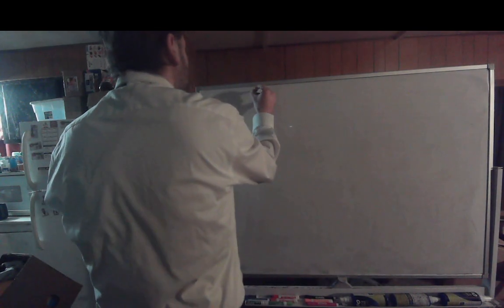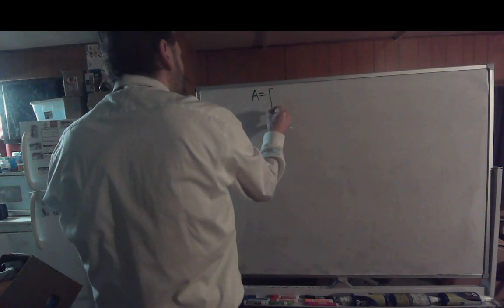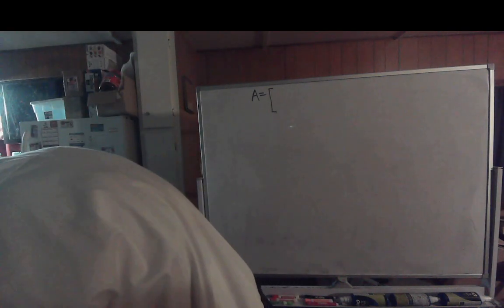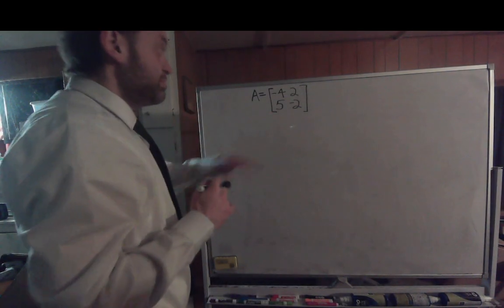So let's see, we have matrix A, which has entries -4, 2, 5, and -2. We're going to evaluate the determinant of this matrix.